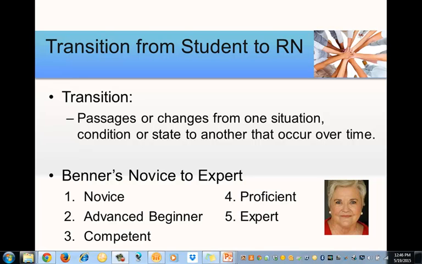So you're really no longer relying on principles, rules, or guidelines to connect situations and determine what actions to take. You have a lot of background, a lot of experience. Now, I kind of struggle with this because I don't think that we ever truly become experts. Even after being a nurse for 17 plus years, I would put myself in the proficient stage.